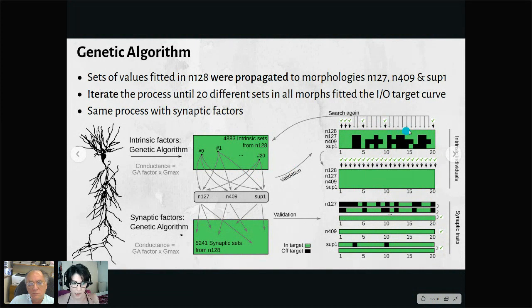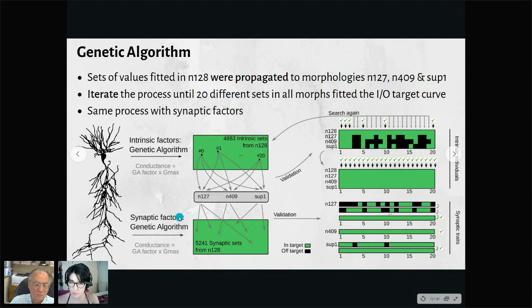If an individual didn't fit the target in all morphologies, then it was discarded, and we took another one from the pool. This was an iterative validation process, until we ended up with 20 individuals fitting the intrinsic input-output curve for all morphologies.